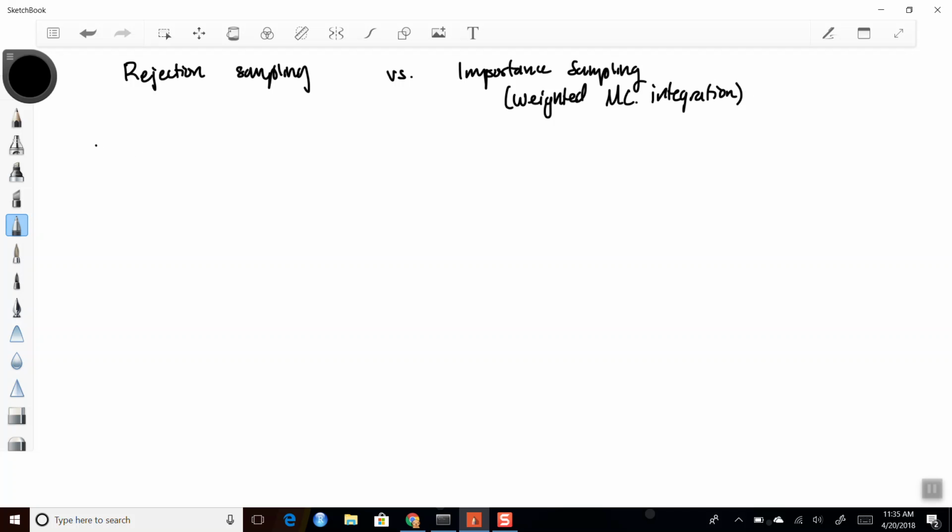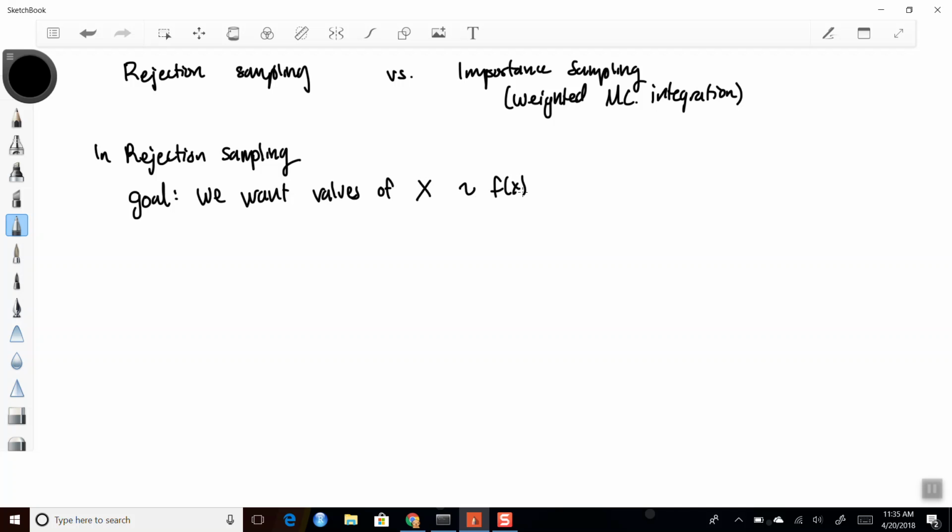So in rejection sampling, the goal is we want values of x which are drawn from f of x. So the goal is we want the actual values of x. And we say we can't draw from f of x directly.